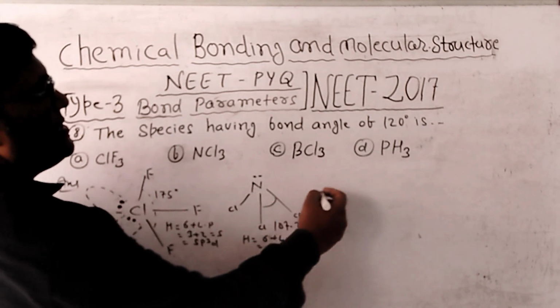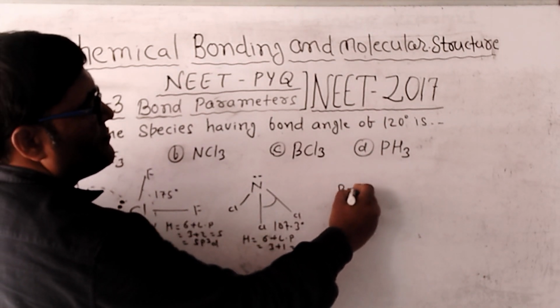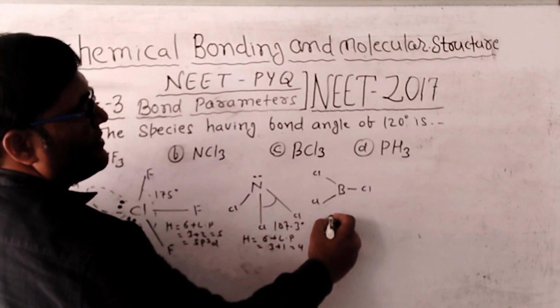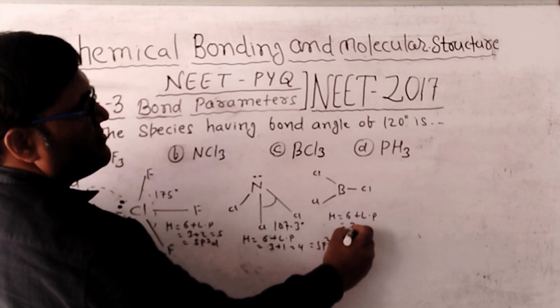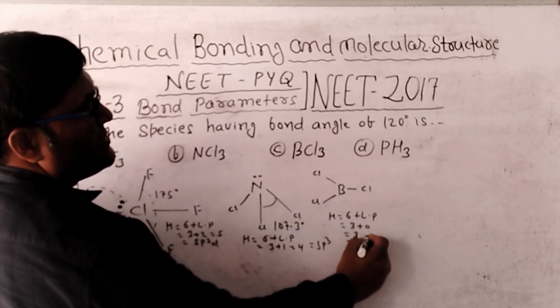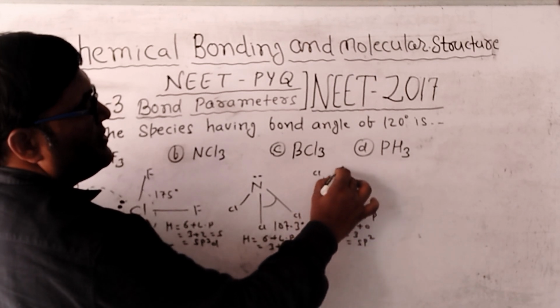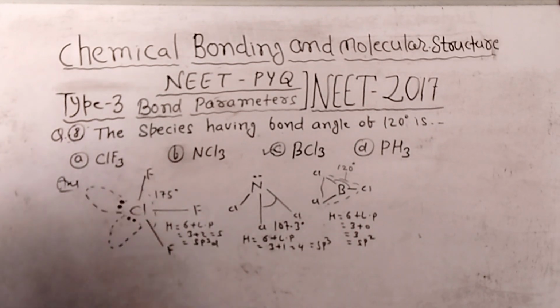In case of BCl3, H is equal to sigma plus LP. Sigma is 3, LP is 0, equal to 3. It means sp2 hybridization here, bond angle is 120 degree, and option C is correct according to the given options.